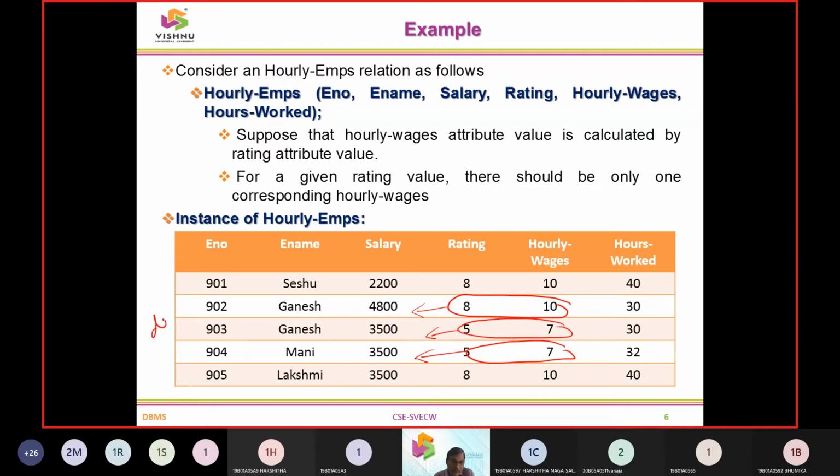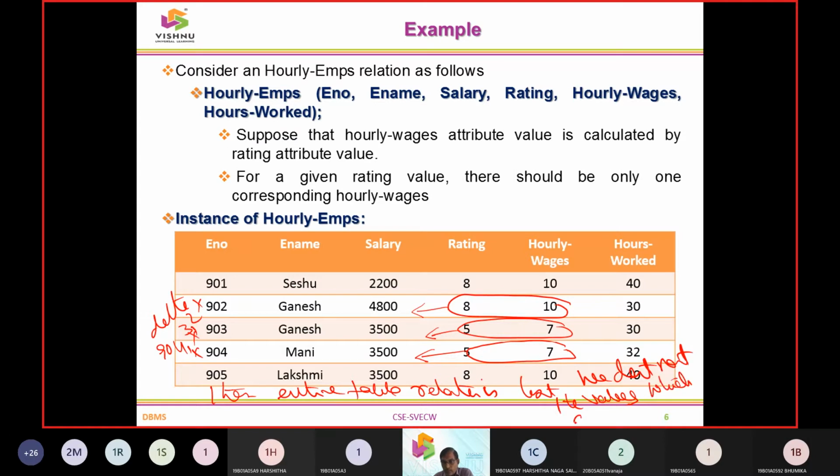Assume if I delete 3 and 2, then the entire table relation is lost here, because we don't know the values which are associated.